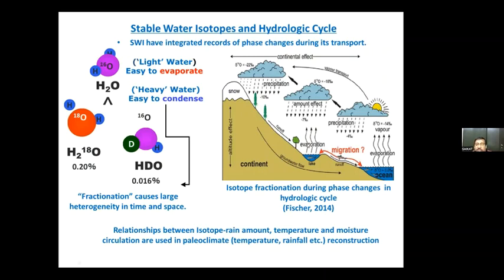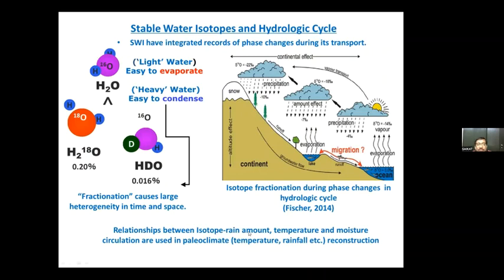Then it can mix with local moisture from local lakes, rivers, etc. So the final rain samples that we collect at the station show a picture of how fractionation takes place during the entire hydrologic cycle.